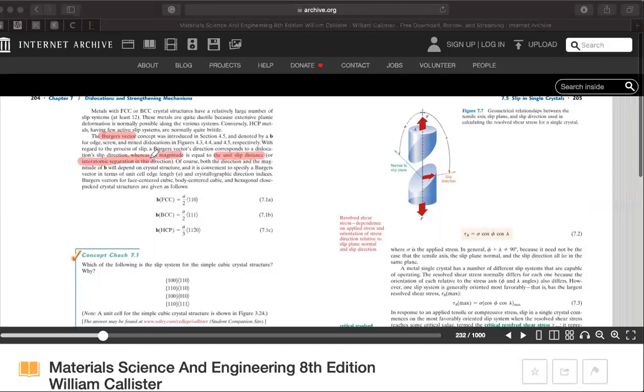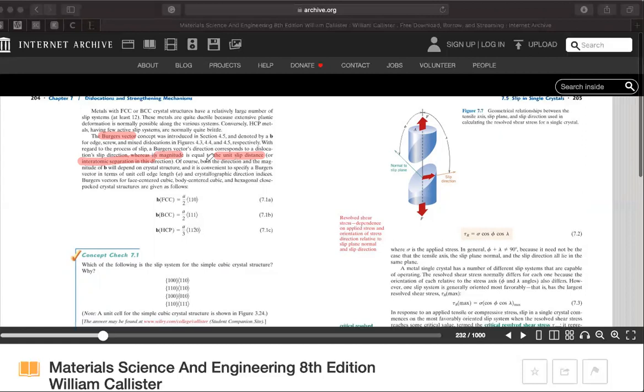Okay? So that means the dislocation will move a certain distance, right? And that will result in a step at the end of the material, if the dislocation was able to make it from one point to the surface of the material.